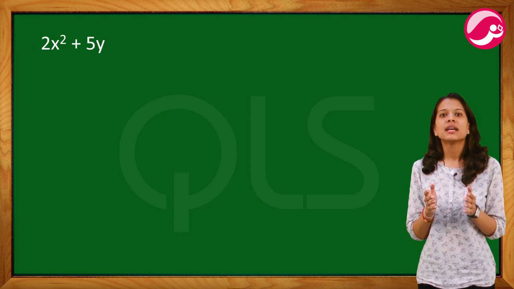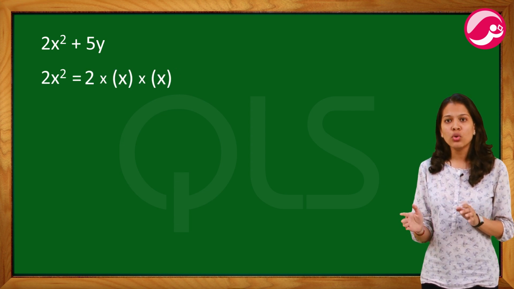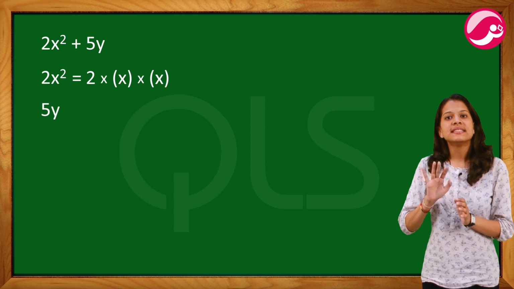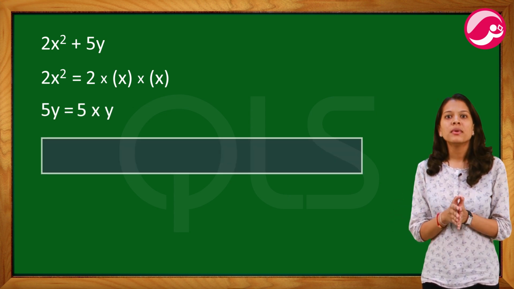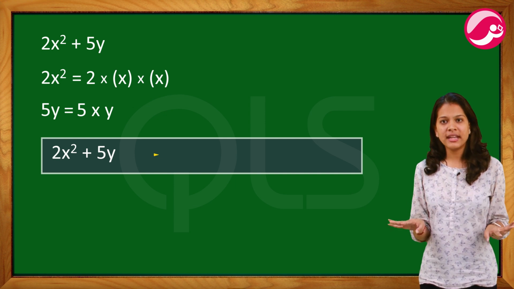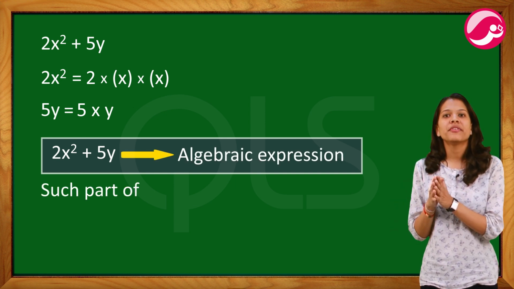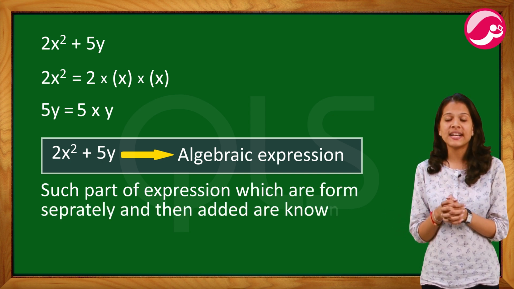Here, we first formed 2x squared separately as a product of 2x and x. We then formed 5y separately as a product of 5 and y. Having formed 2x squared and 5y separately, we added them to get the expression.